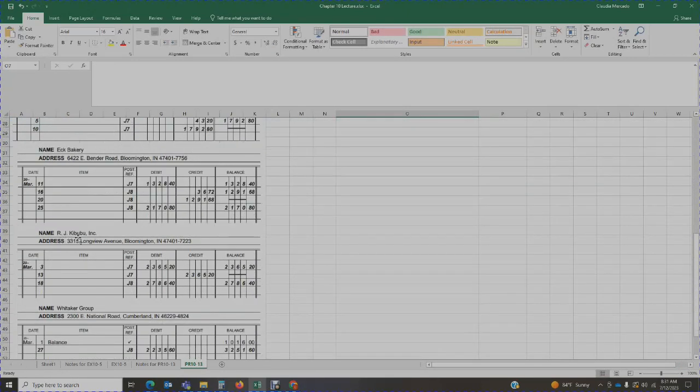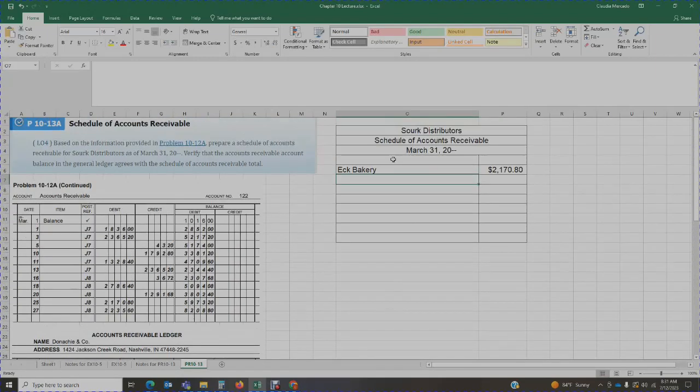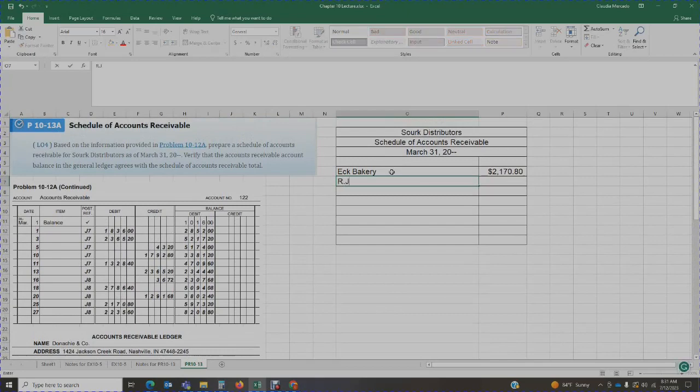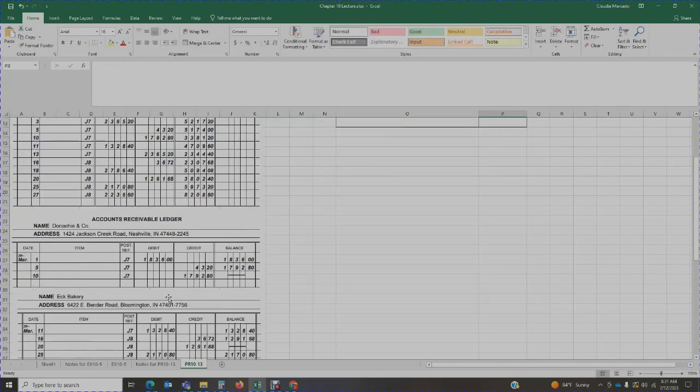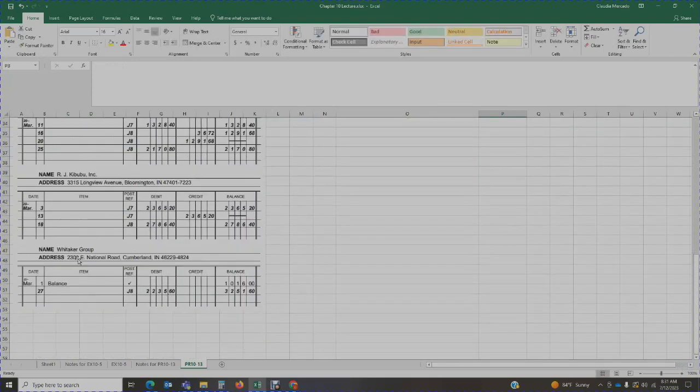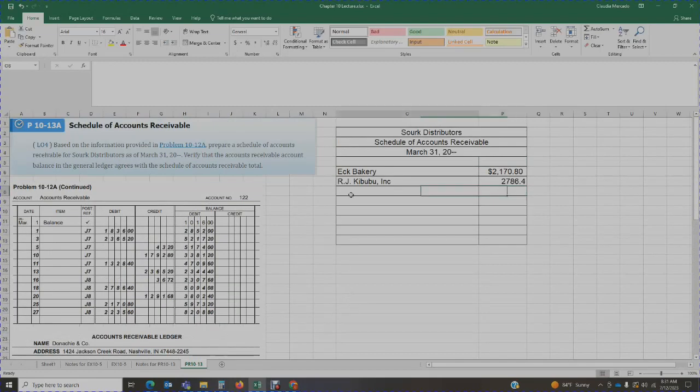Next we have RJ Kibubu Incorporated. They owe us 2786.40. So we're just picking up the ending balance from each customer. Then we have Whittaker Group, 3251.60. And then we're going to get a total.